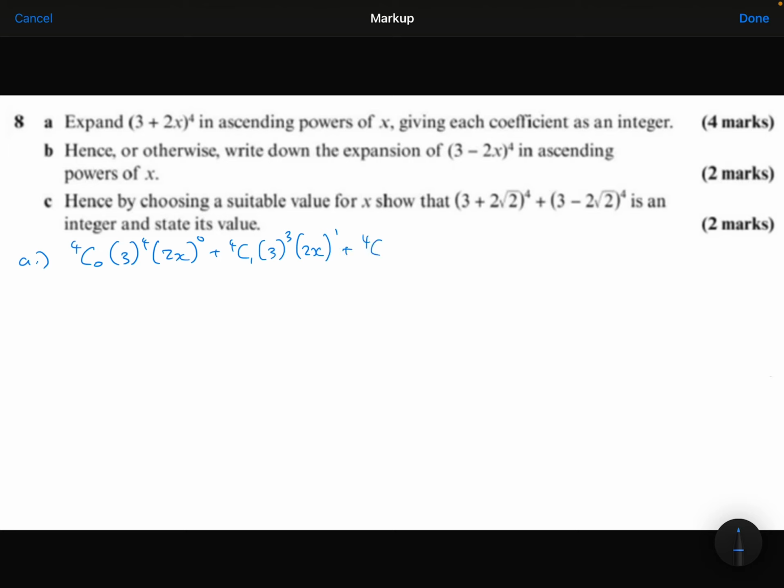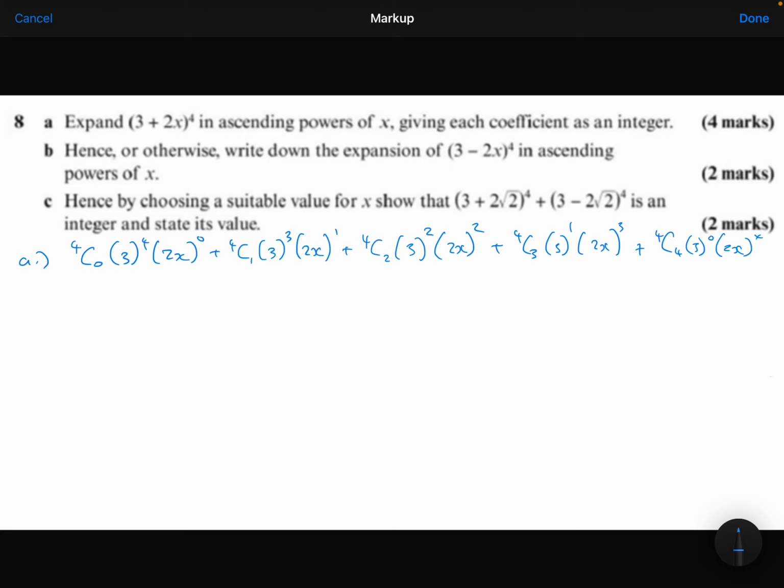Then 4C2, 3 squared, (2x) to the power 2. 4C3, 3 to the power 1, (2x) cubed. And then finally 4C4, 3 to the power 0, (2x) to the power 4.